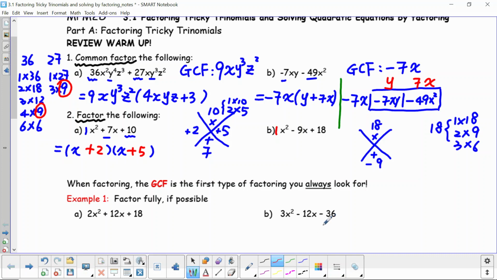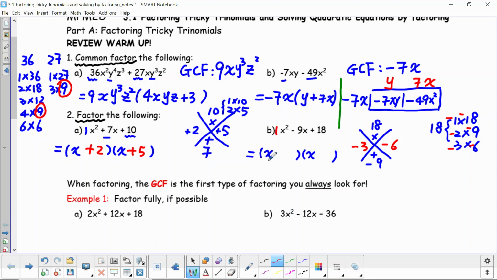And this time, times together is positive, so both need to be negative, and add together is negative, so you will see -3, -6 works. Then we are going to use the simple trinomial.